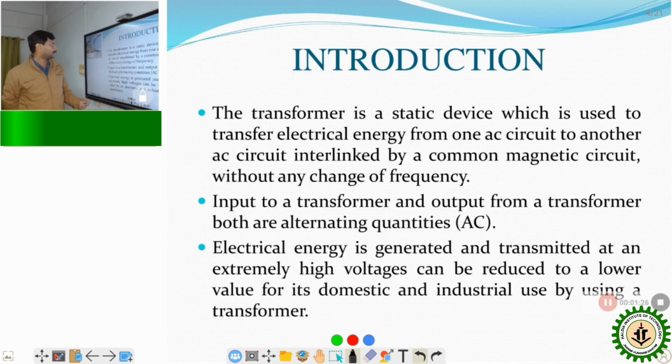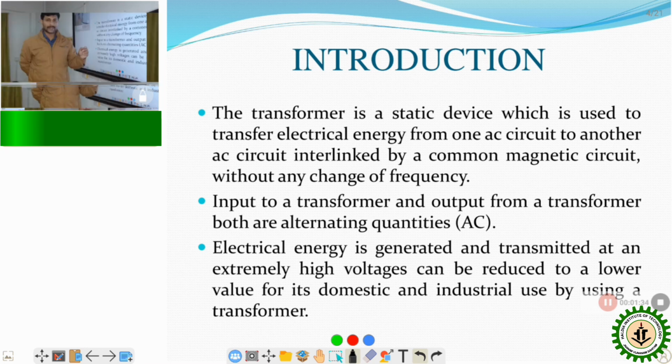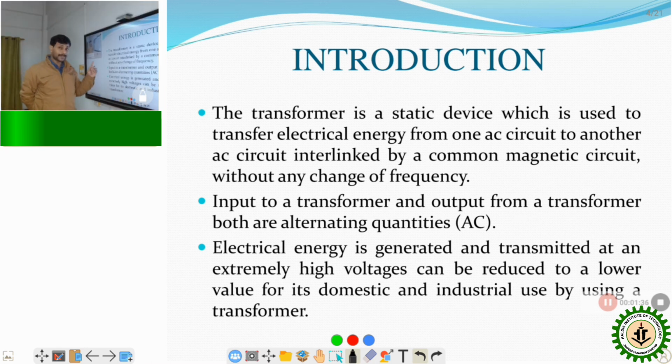Introduction to the transformer. What is transformer? Transformer is a static device which is used to transfer electrical energy from one AC circuit to another, interlinked by a common magnetic circuit, without any change of frequency. We will come to this figure later on. This is very important.